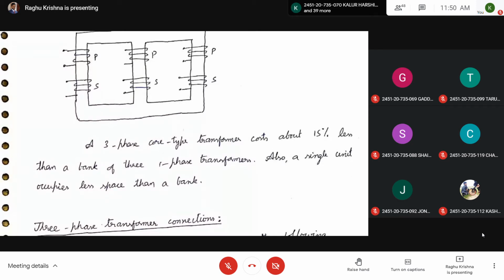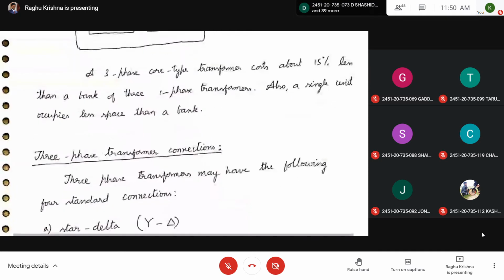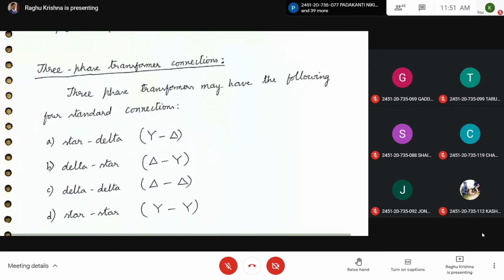So next, three-phase transformer connections. Based on the connections, we have the following four standard connections. First one is star-delta: primary windings are connected in star, secondary windings in delta.